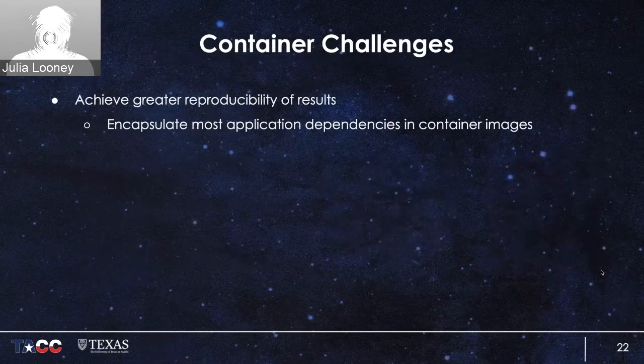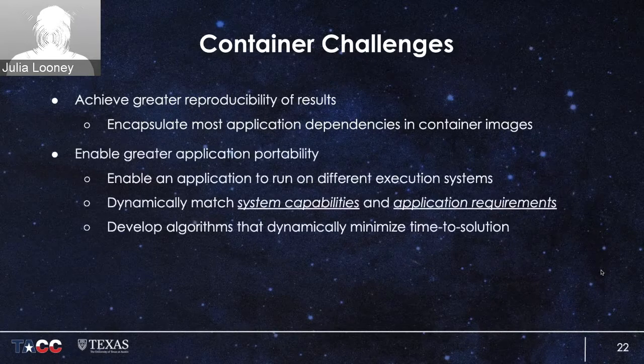So the challenges here, dealing with containers, is to make sure that we can encapsulate most of the dependencies of a container in its image. Another challenge is to enable greater portability. Another is to have our matching algorithm be dynamic, as I just mentioned, so as to minimize time to solution.